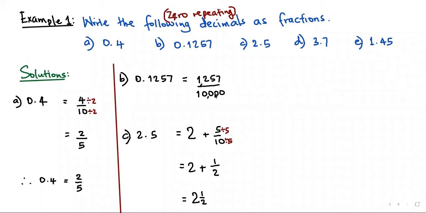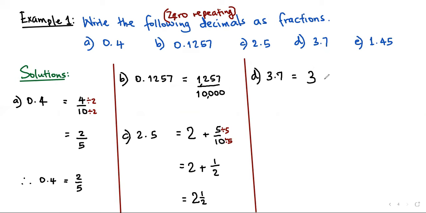Let's look at part D. So for part D, we have 3.7. 3.7 can be 3 plus 7 out of 10.